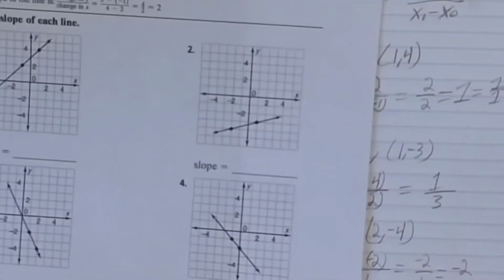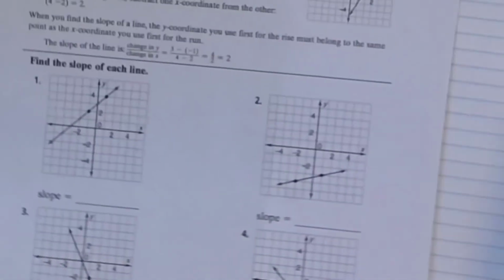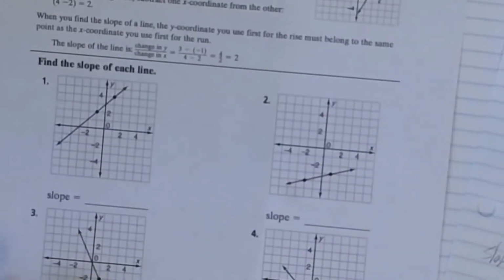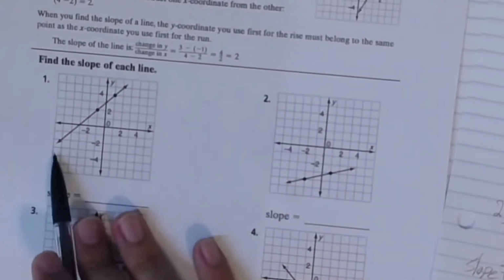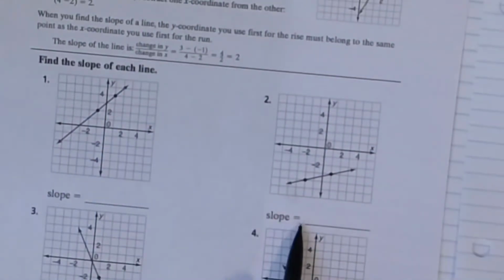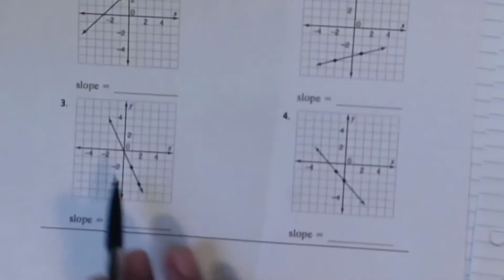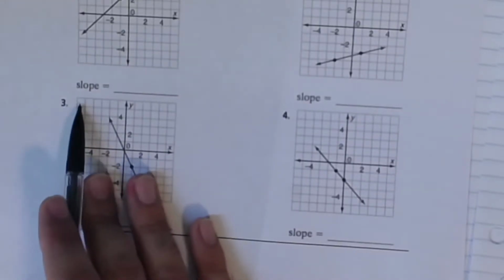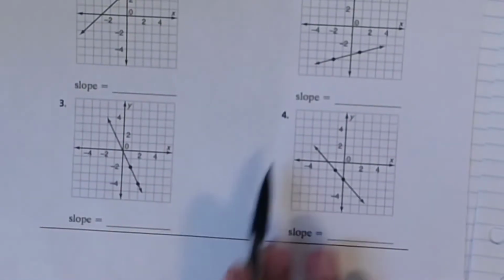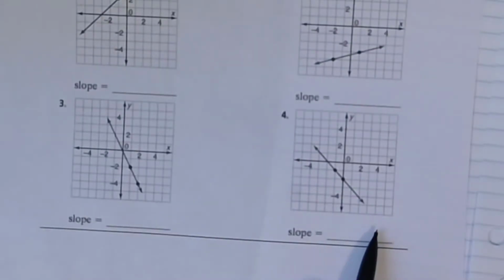Now, a little thing to notice. You see how these ones are going up from left to right? It's going up, and then this also is going up. And then these two, it's going from top left to the bottom right, and then this is top left to the bottom right.